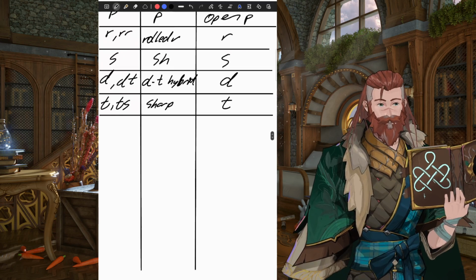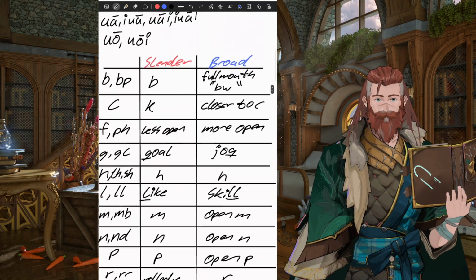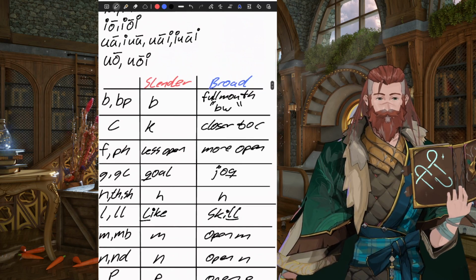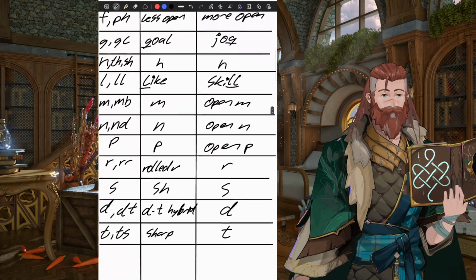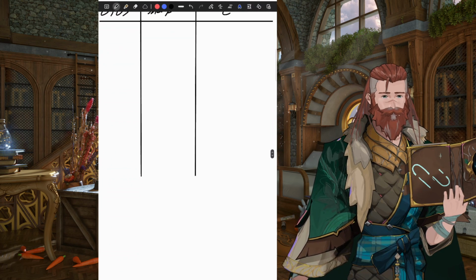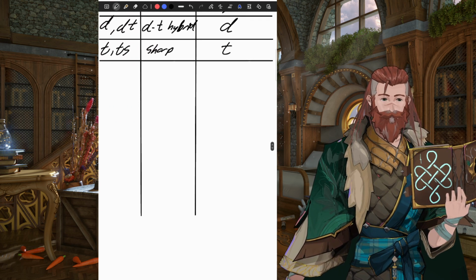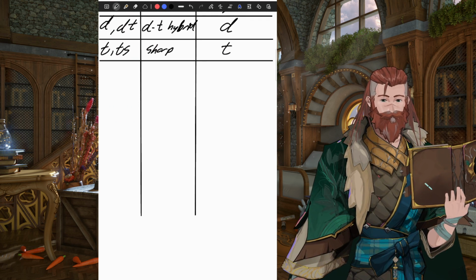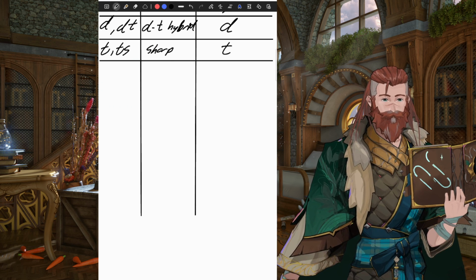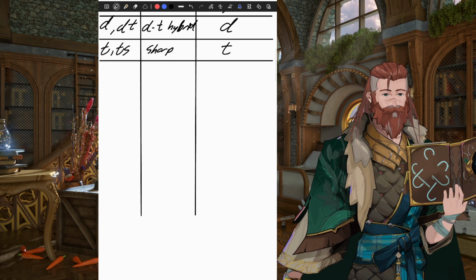As you see, we have a few of those already on here. There's a lot of sounds in Irish that don't really fit with English. They don't really make sense from an English speaker's standpoint. But then again, it doesn't have to. It's an entirely different language.